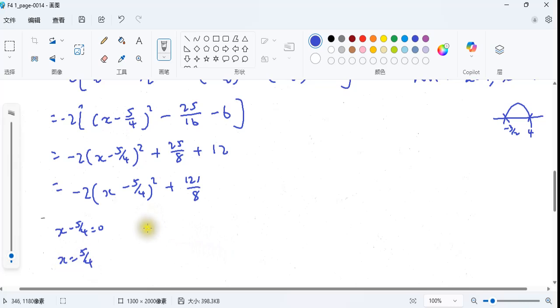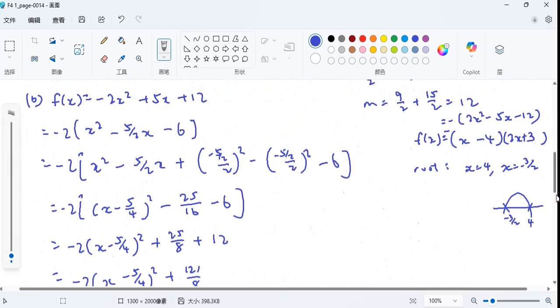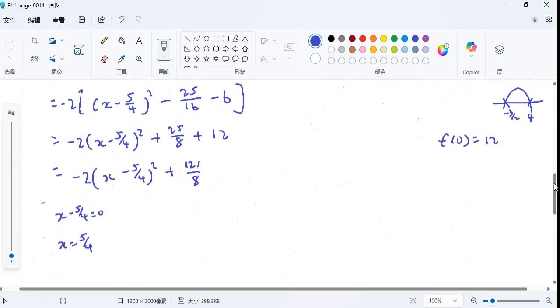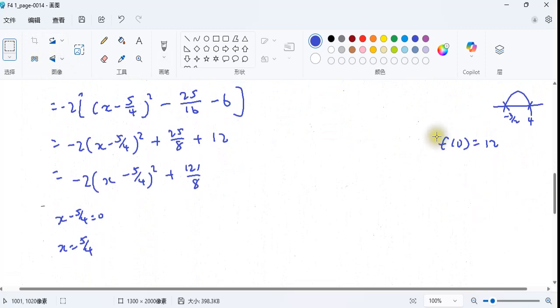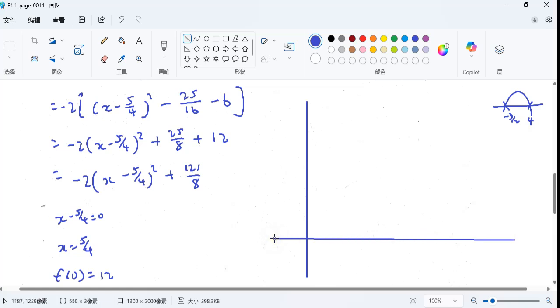and when x equals 0, f of 0 is 12. Okay. So with all of this information from 0 until 4, the graph will look like this.